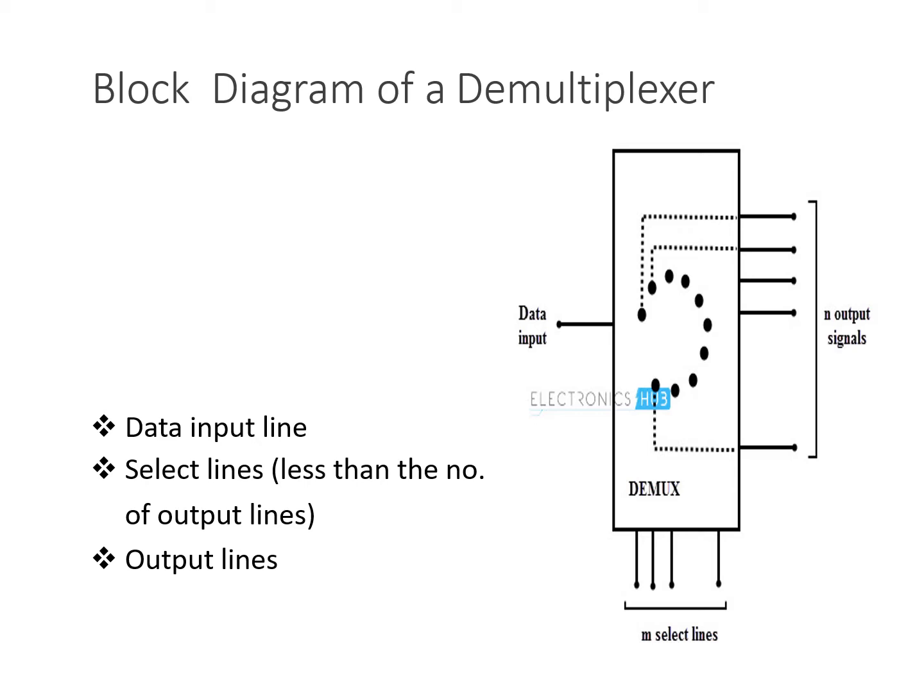It has a data input and m select lines which give n output signals. So this is depicting the data distribution. Depending upon the select lines and the data input, I can choose any of the outputs from this setup.